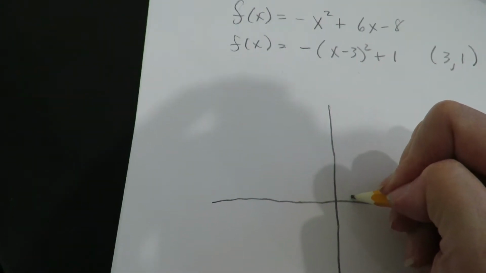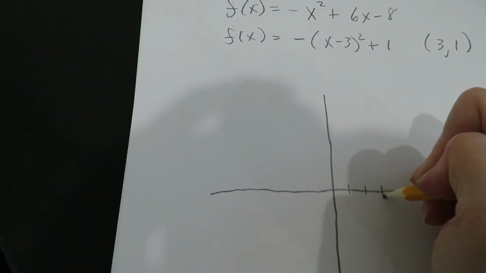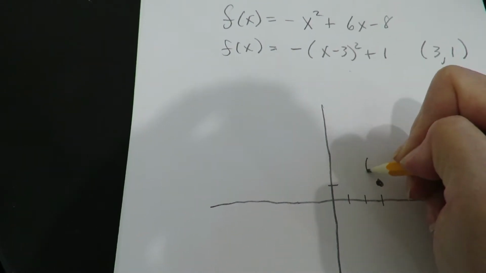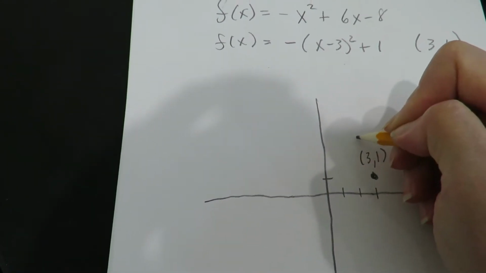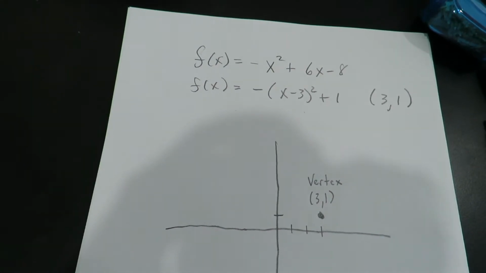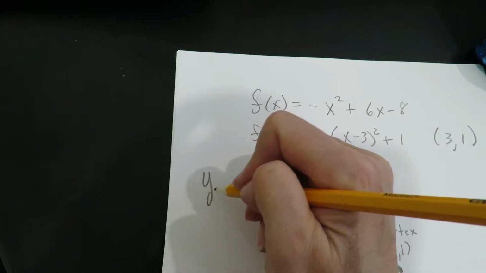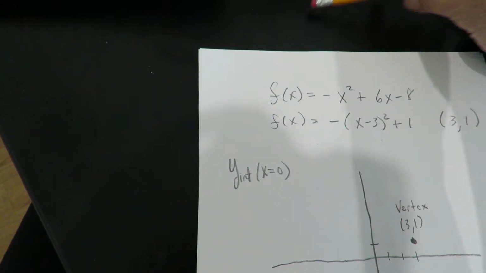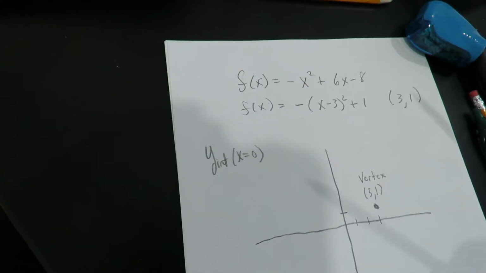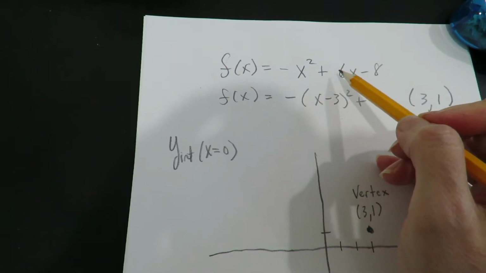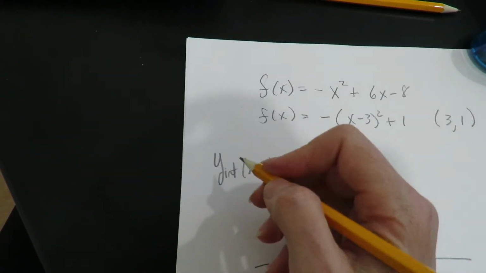Vertex is 3, 1. Right here. Let's do the y-intercept. Okay, y-intercept, can do it off of either of these. This is the easiest one to see when your x's go away.